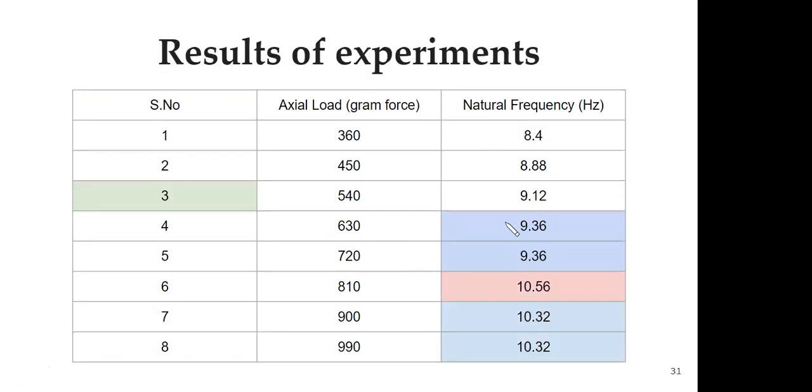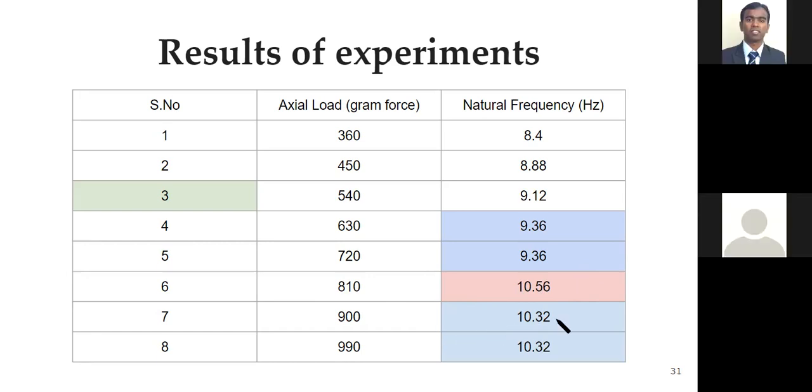And also there is another kind of inconsistency which goes against our intuition. We know that as the axial force increases, natural frequency should increase. But here for 810 gram force actual load, we got 10.56 hertz, and for 900 we got 10.32. It seems for experiment 6, data collected was erroneous because of some experimental errors.